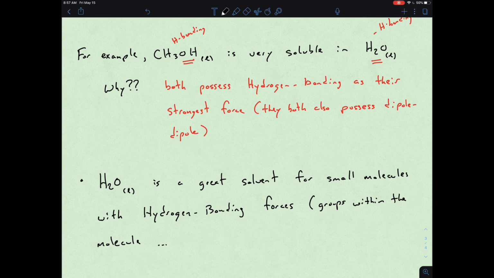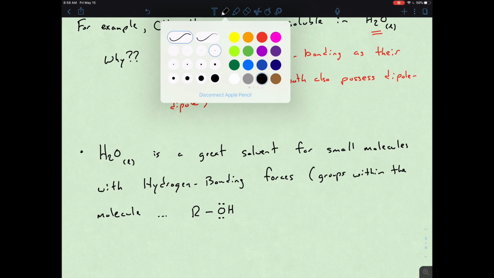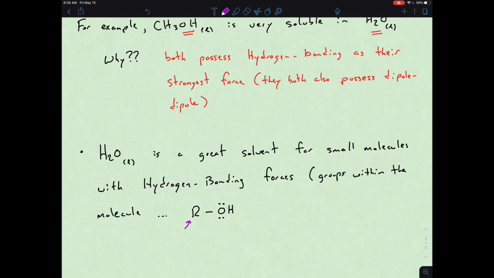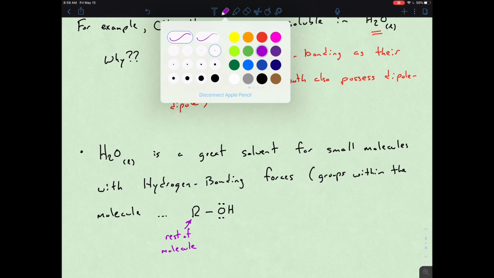So groups would be like an OH, where this R group here is the rest of the molecule. So we have this other part of the molecule, but we're just seeing this group here, this ROH group.